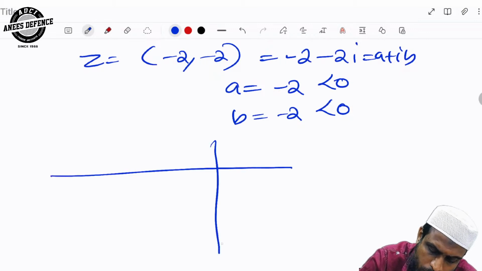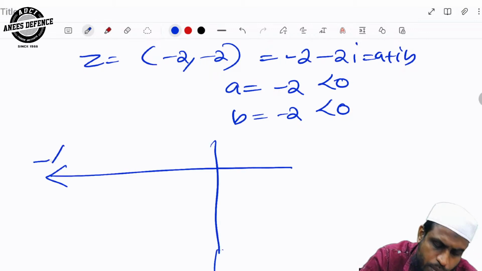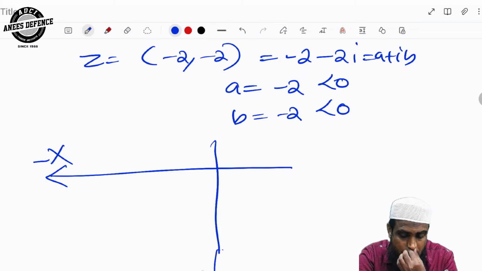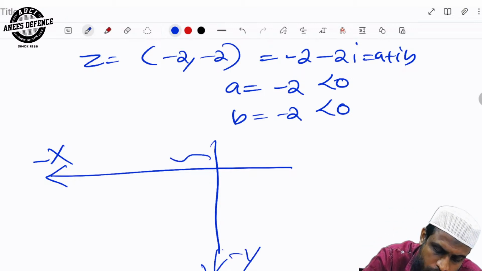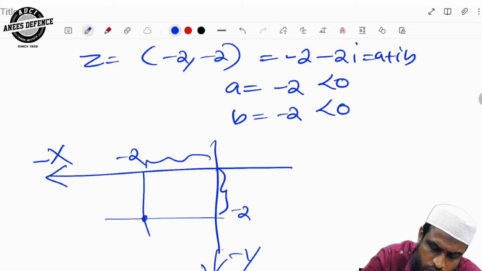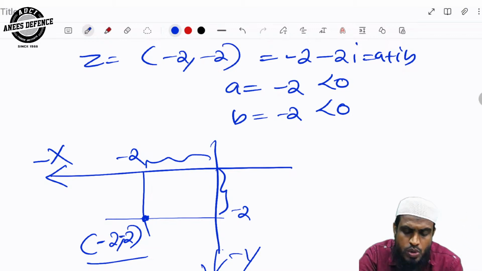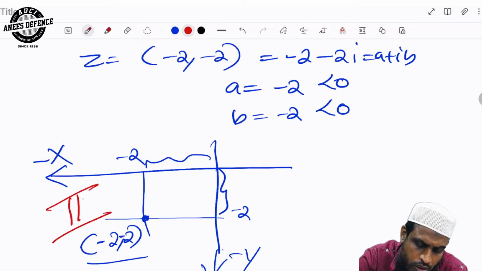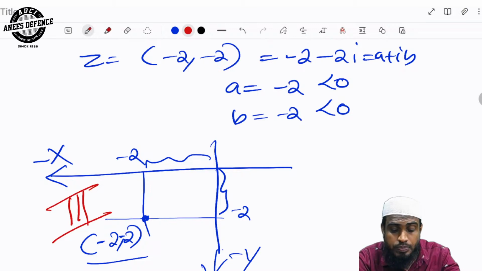A negative means it is coming in the negative x direction, and b negative means it is coming in the negative y direction. So this will be minus 2 and this will be minus 2, and the joining point is this one. So this is (-2, -2). So the complex number will be lying in the third quadrant.